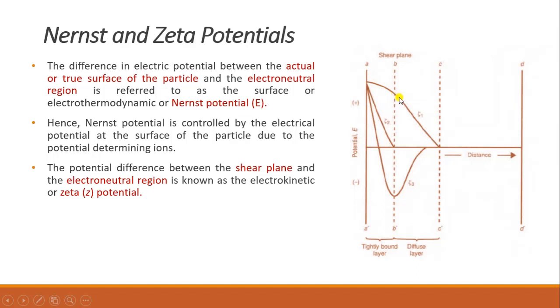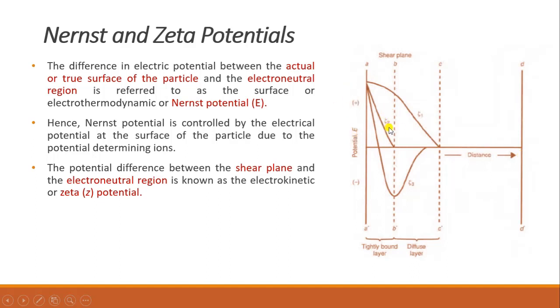Again, in BB dash to CC dash, excess of anions adsorb and neutrality will occur beyond CC dash. So Zeta potential becomes 0 over here. This x-axis indicates distance from the surface of the solid particle to the electroneutral region, and this is the potential.